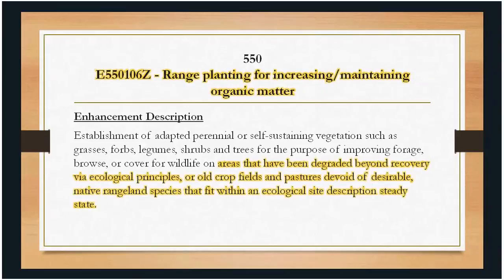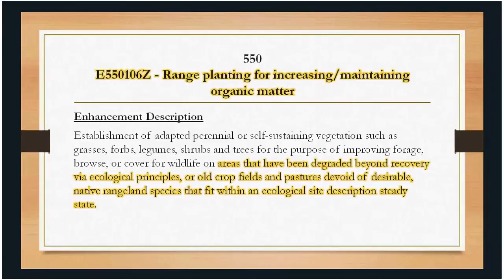Okay. And so if we're going to do this for increasing or maintaining organic matter and choose that particular enhancement, again, it says for areas that have been degraded beyond recovery via ecological principles. Basically what that means to me is if you can't improve this plant community just with grazing management, and you have to step in and plant something to assist, that is the circumstance these enhancements would apply to.